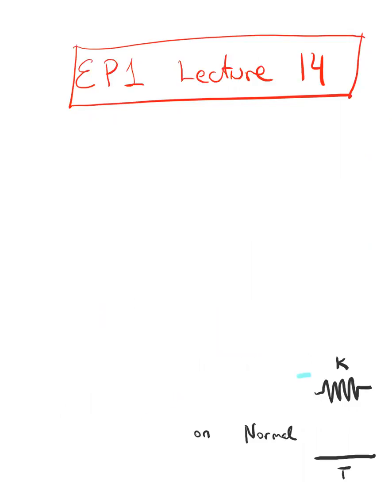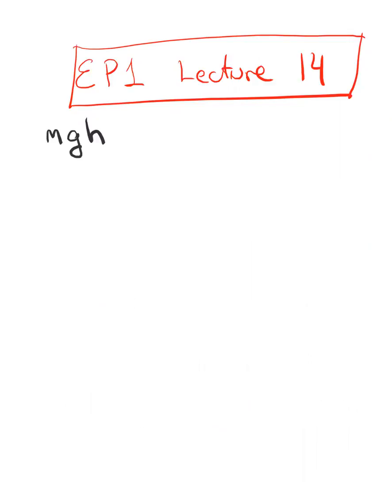So, for example, for gravity and for springs, we were able to define this quantity called potential energy. For gravity, potential energy was mgh. For a spring, potential energy was k delta x squared divided by 2.